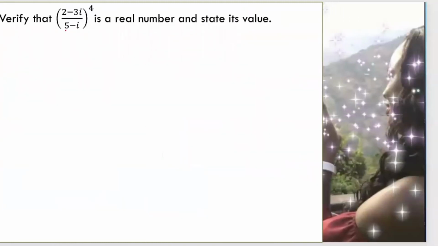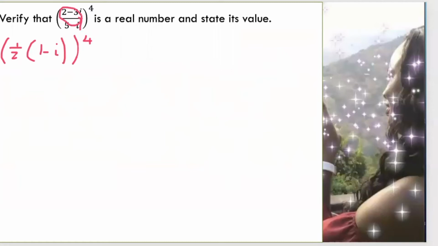The next question asks us to verify that this is a real number and state its value. Now, I've already worked out that the fraction is the same as a half, open bracket, 1 minus i, close bracket. So I can replace the fraction with that and raise it to the power of 4.